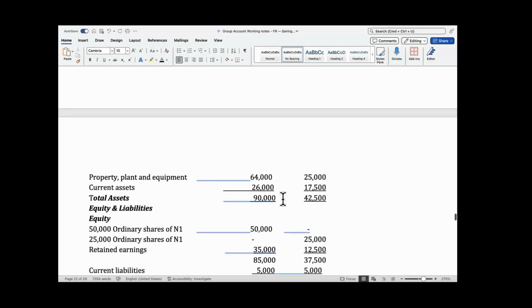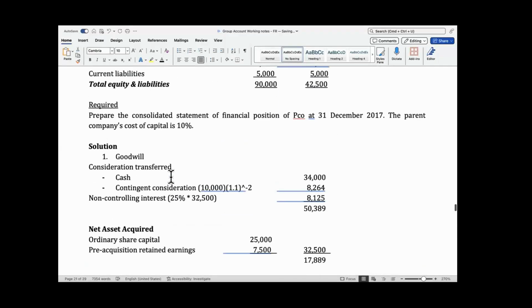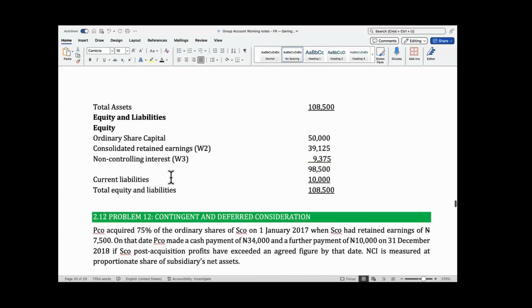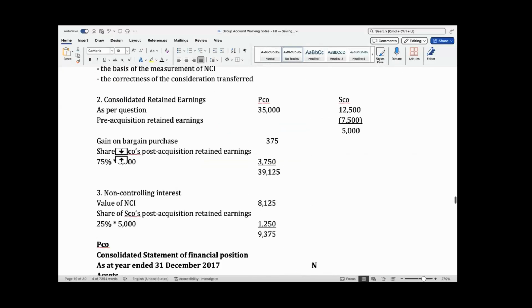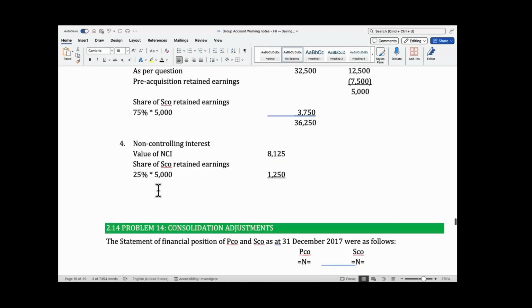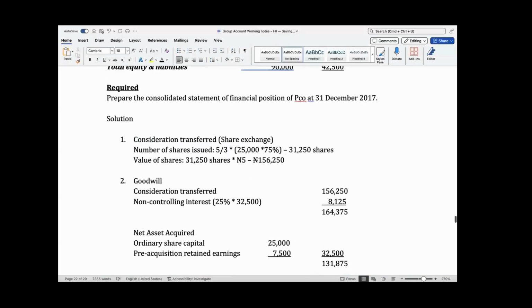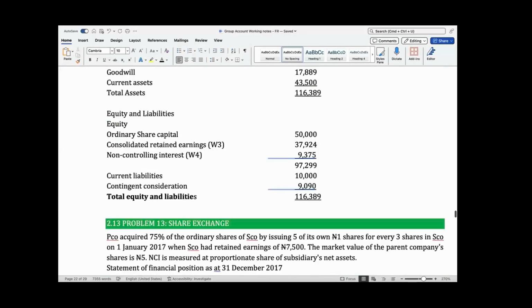It is ESCO, not PICO, the share in ESCO's retained earnings. So this is 9,375.